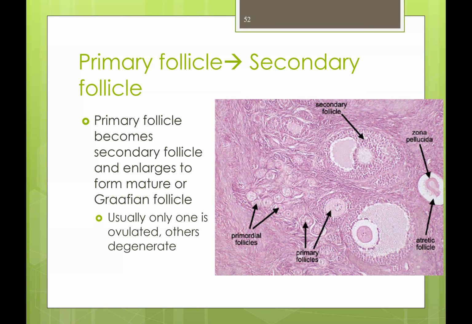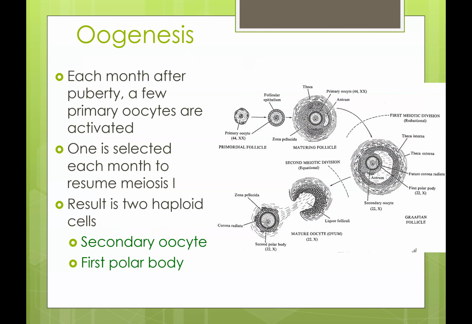The primary follicle will then turn into a secondary follicle, which will have a lot more granulosa cells surrounding it, but we'll also start to see these little pools called vesicles containing fluid that will eventually come together in a much larger pool called an antrum, and that's when it will become a Graafian follicle. The Graafian follicle will then have that fluid push the egg to one side, and eventually we will get an ejection of that egg and begin ovulation.